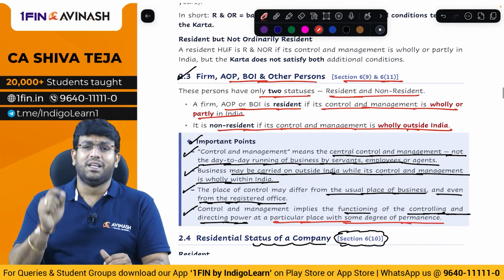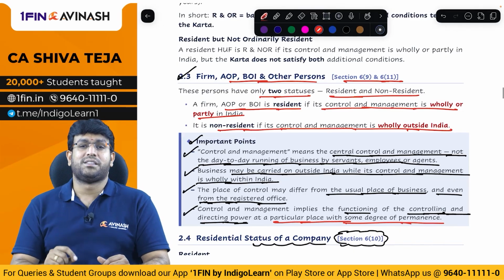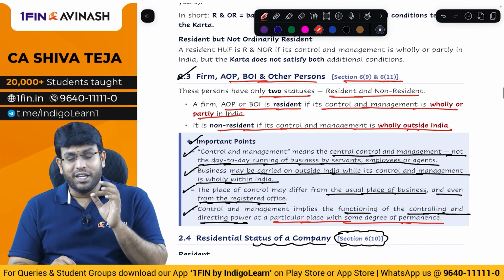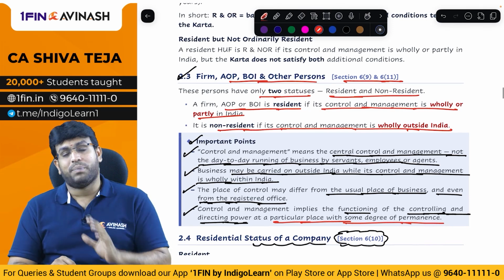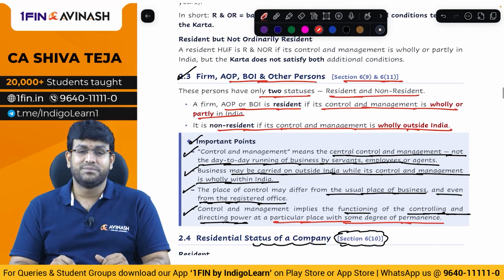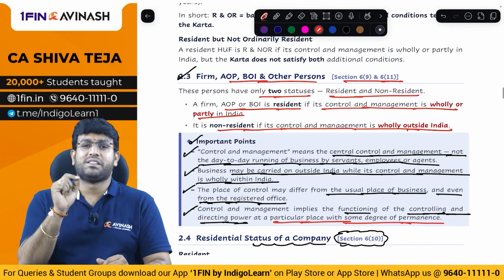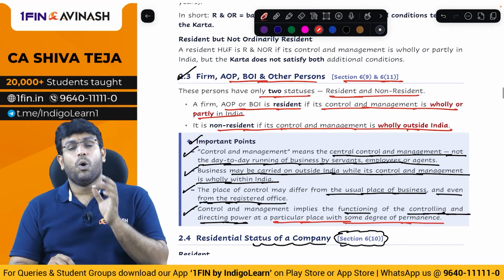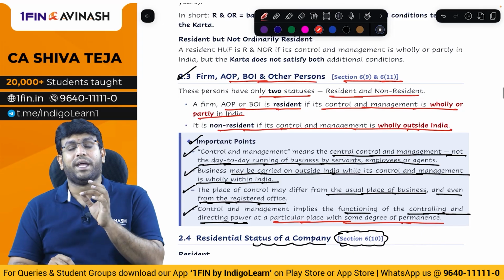And the last but not the least, in case of company, what is the answer? If it is an Indian company, Indian company is always regarded as a resident. And foreign company is regarded as resident only if POEM is wholly in India.